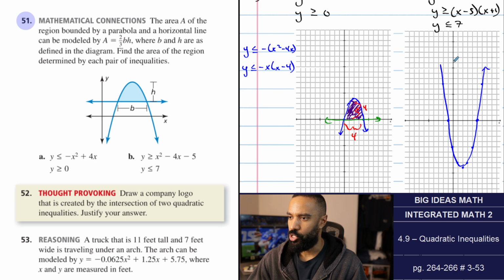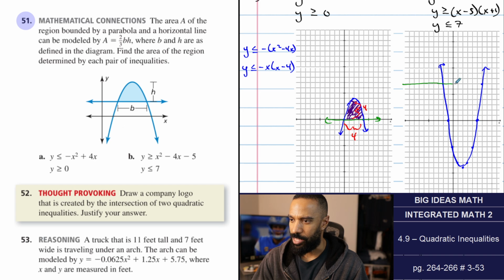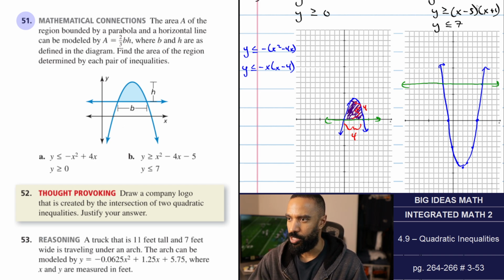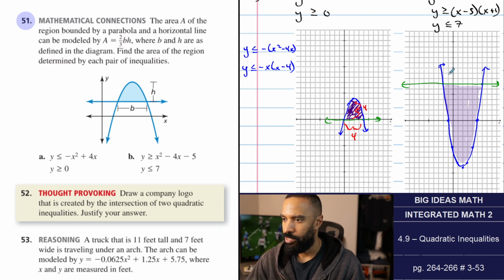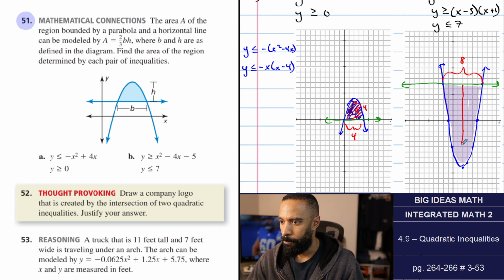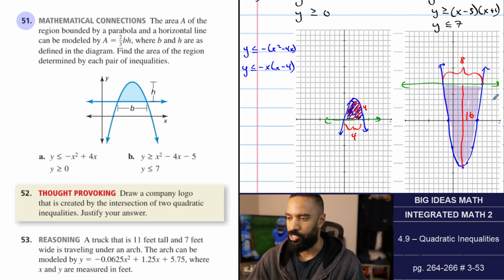So greater than or equal to is above this curve, so inside of it. Less than or equal to 7, that's where it actually hits 7. So the overlapping shaded region, let me make it nicer looking, is this guy here. So we are talking about this base length of 8, and this height from 7 to negative 9, that height of 16.